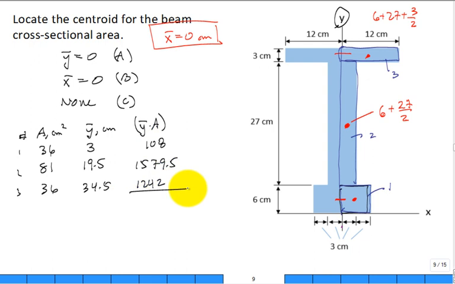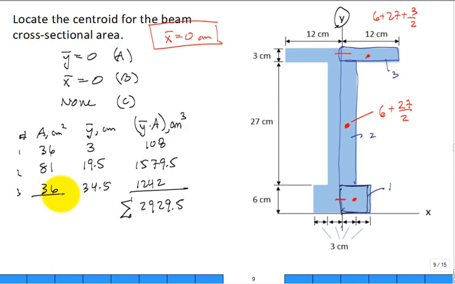What do I do with that column? I add it up. If you ever see that notation in your statistics class or even math classes, that summation for that column comes in at 29.5. What are the units on that? Well, it's centimeters cubed.